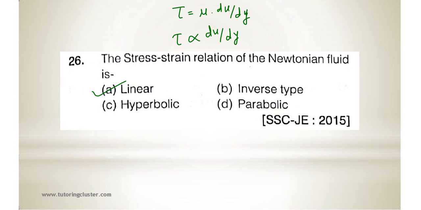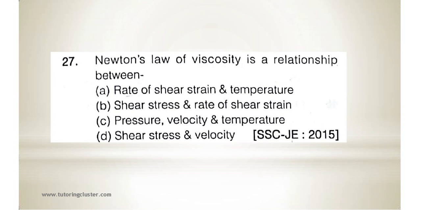Next, Newton's law of viscosity is a relationship between. Just now we have written the equation, tau is equal to mu du upon dy. So Newton's law of viscosity is basically a relationship between shear stress and rate of shear strain.